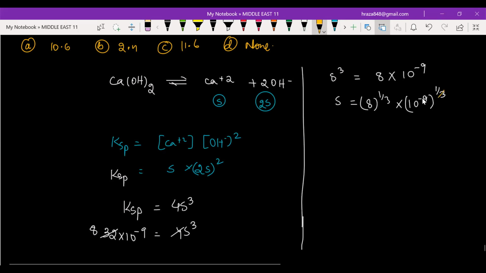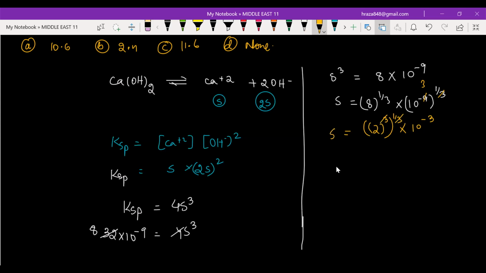So it will be cancelled by 3 times, and here it will be 10 raised to the power minus 3, and here you can write 2 raised to the power 3 raised to the power 1 by 3. So it will be cancelled, and the solubility will be 2 into 10 raised to the power minus 3, right?